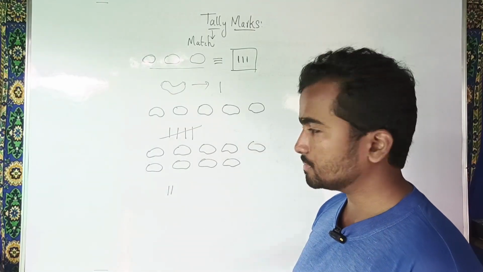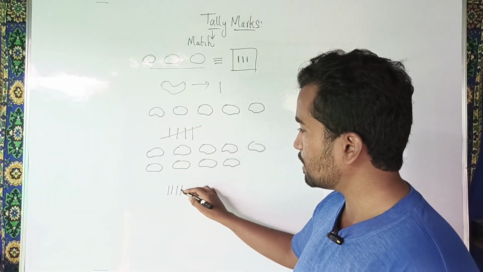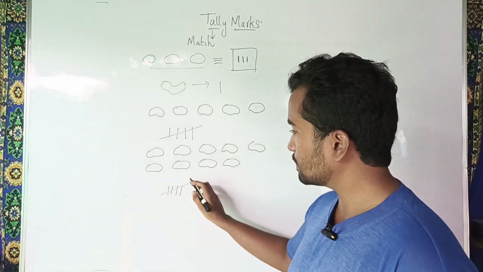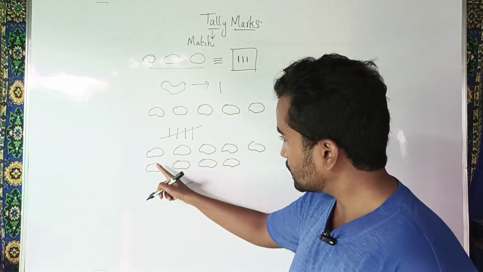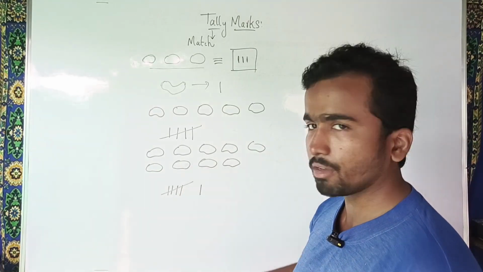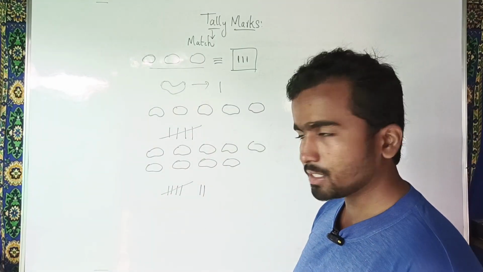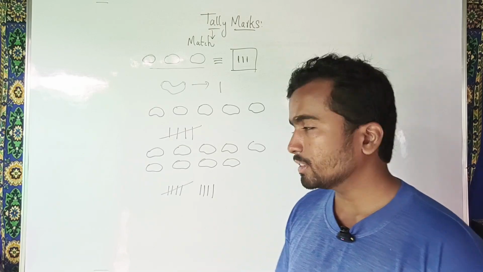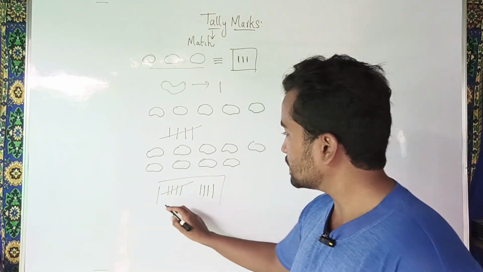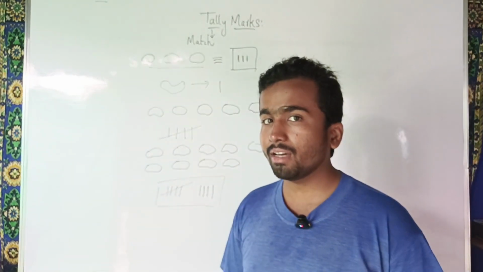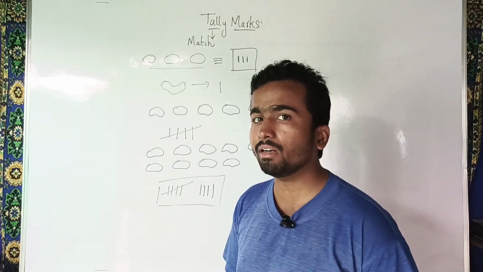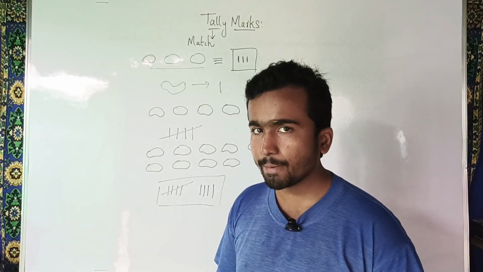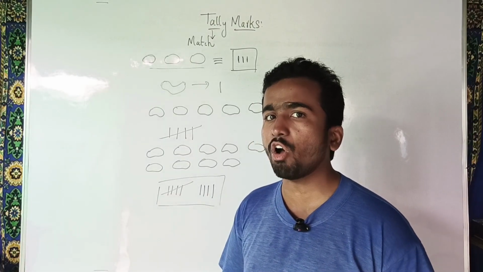For one object, one line. For this object, one line. For this object, this line. For this object, one line. This object, one line. For this object, one line. This is how the world's ancestors used the tally mark representation as a part of tracking the presence of objects.